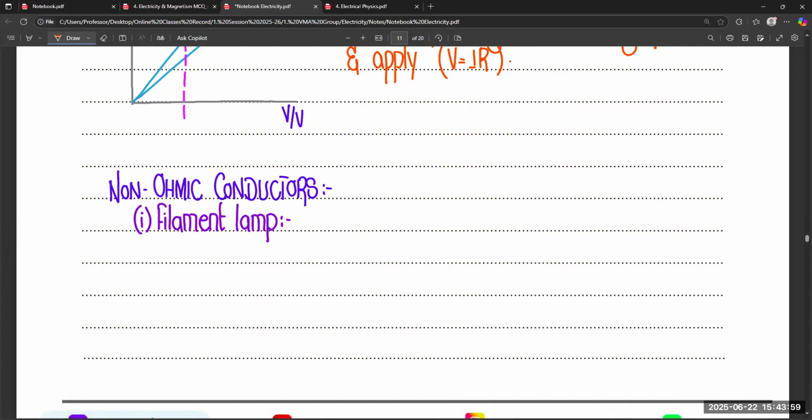So basically a filament lamp works like this: when temperature increases, resistance also increases.